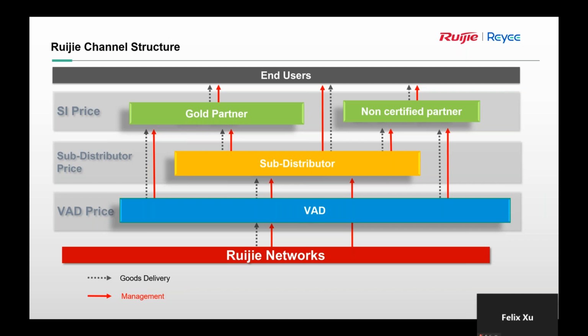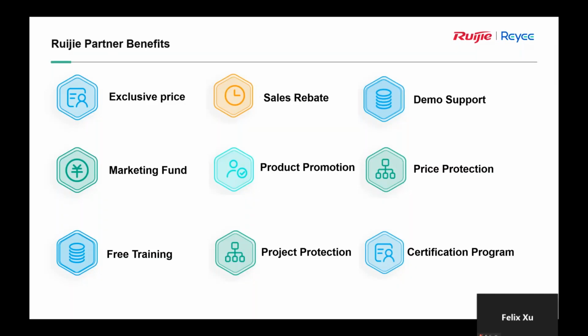The second point that I want to mention is that we protect partners' interests because Ruijie never sells to end users directly. Here you can find some general incentives for partners.